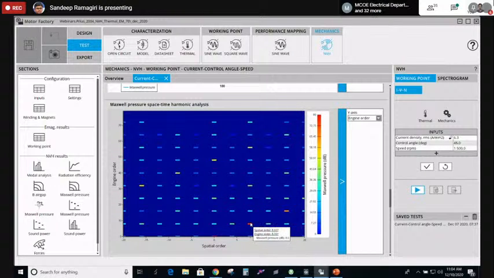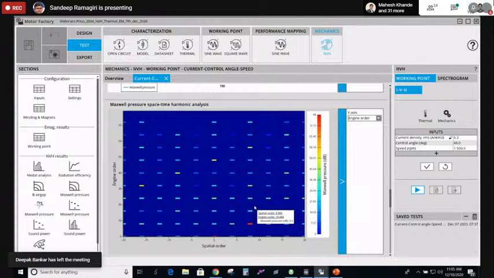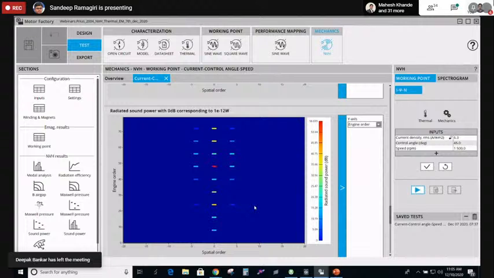So you can see this red color one. These are the points where we will have the impact coming from the electromagnetic point of view. And once we combine these results with the radiation efficiency, we will have this result, which is the radiated sound pressure, which is basically the indication for the noise. So that is what we can compute.